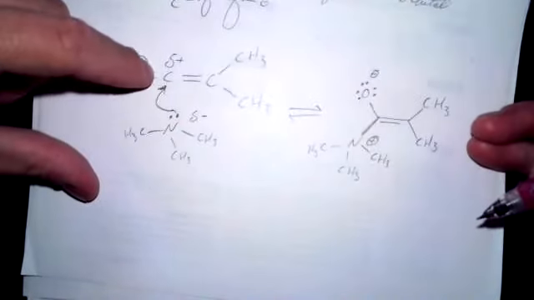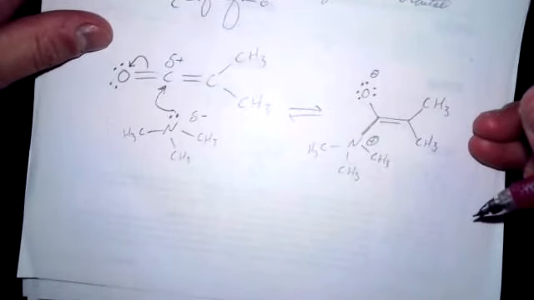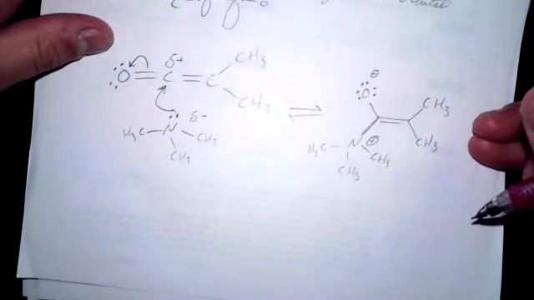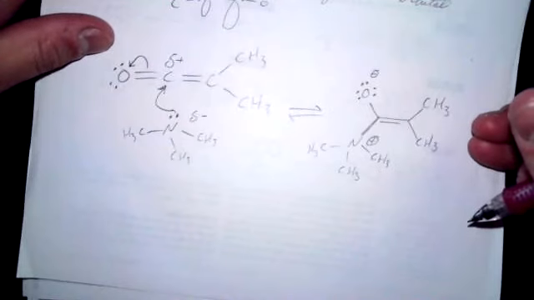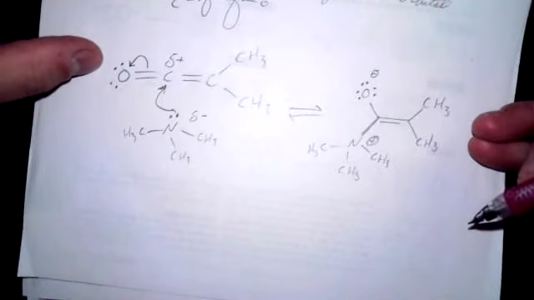So a common theme, you'll see it over and over again, is electrons going from electron-rich sites to sites that are lacking in electron density. And we'll get into more terminology on this later, and you guys will get really good at pushing these arrows around.